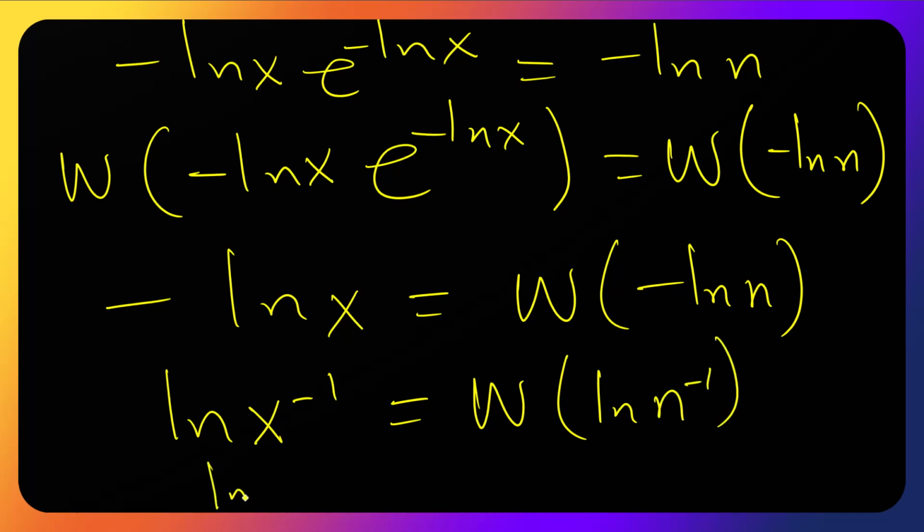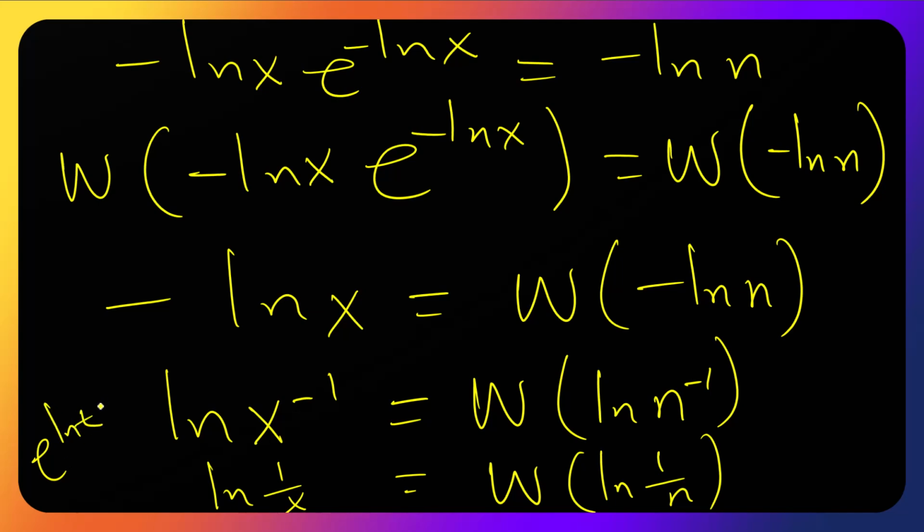So we have ln of 1 over x equals the W function of ln of 1 over n. From here, since e raised to ln of something is that thing, we have no option but to raise both sides with e.